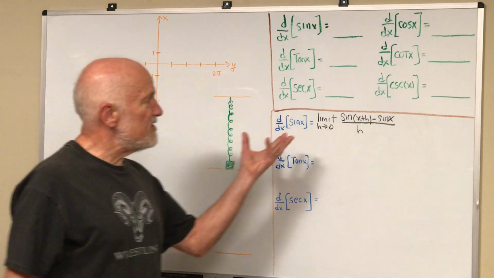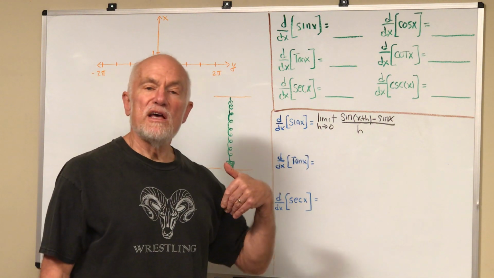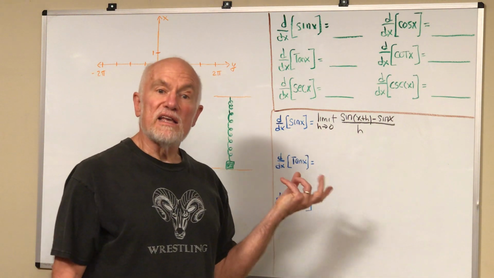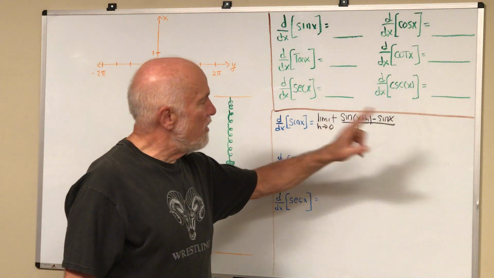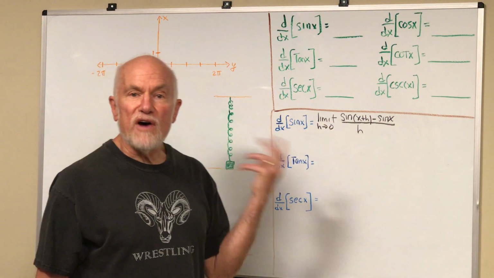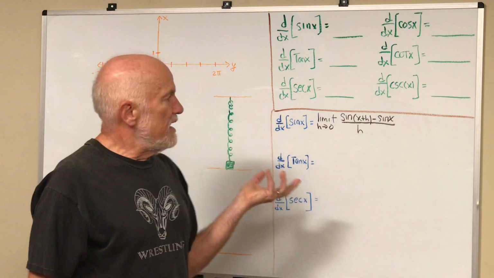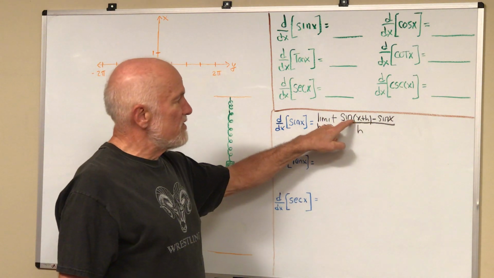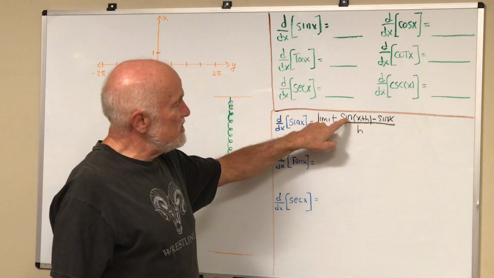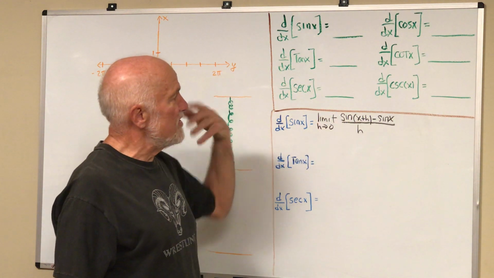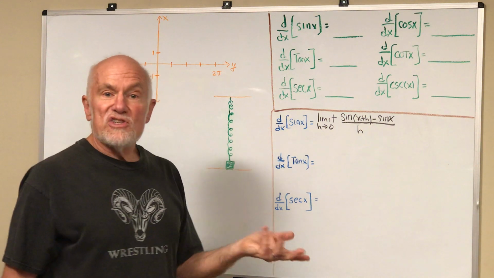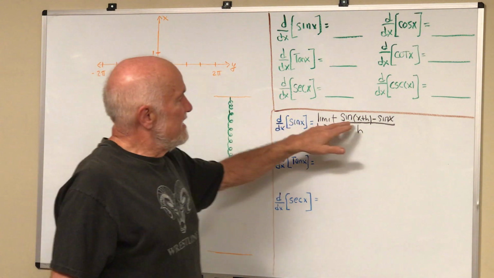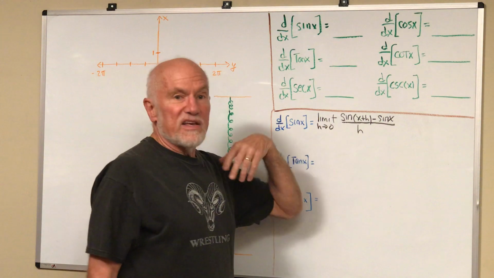Now, once we set the limit like that, we have to do some more work until we get an answer. I could go through all the algebra and trigonometry involved. It comes in first by changing the sine of x plus h into the sine of x cosine of h plus cosine of x sine of h.